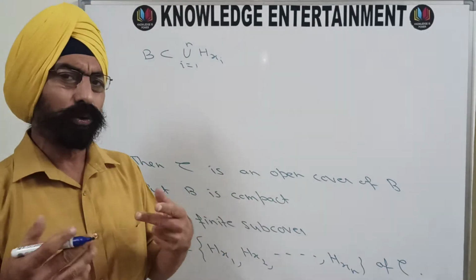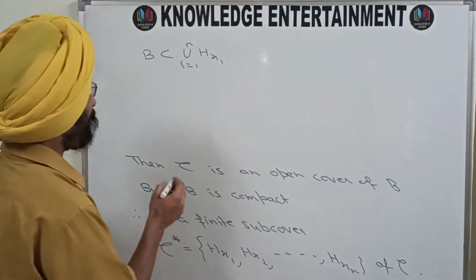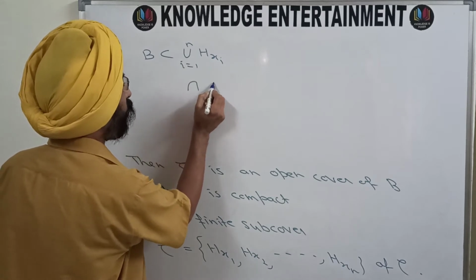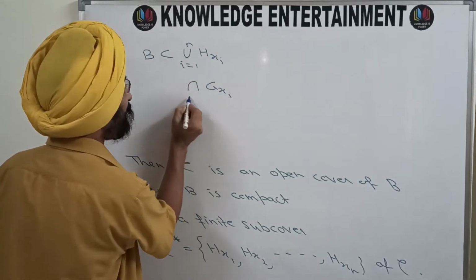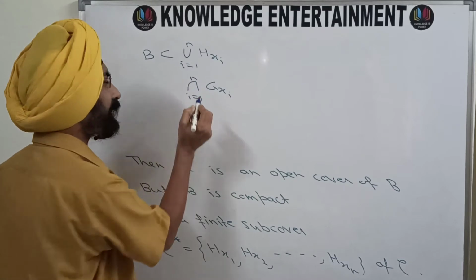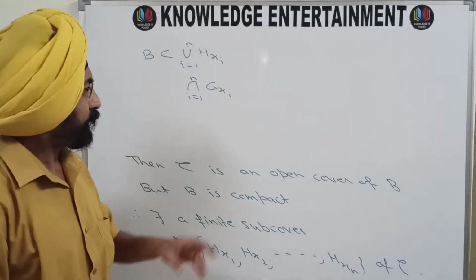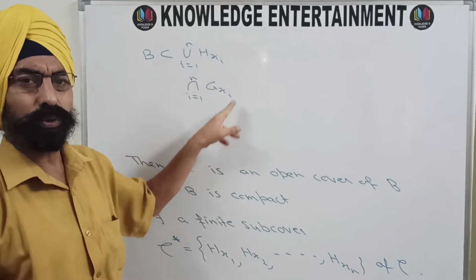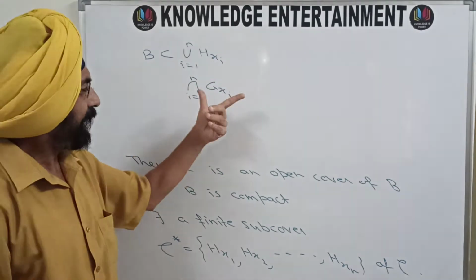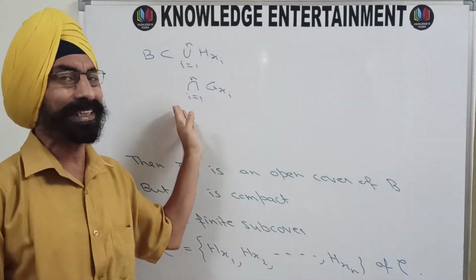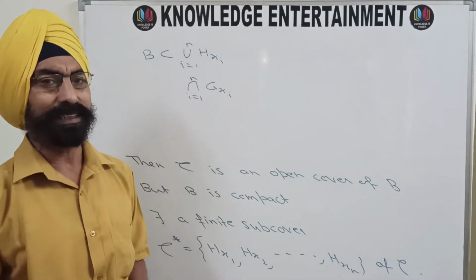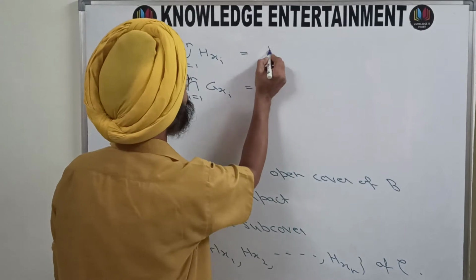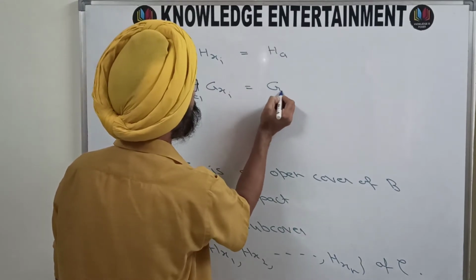So what we have to do in the next step: consider the intersection of all those GXi's, i varying from 1 to n, and I am naming these two new sets as HA and GA.